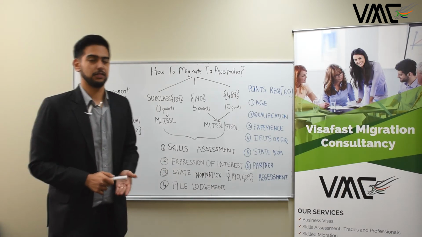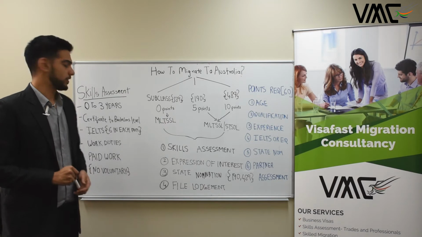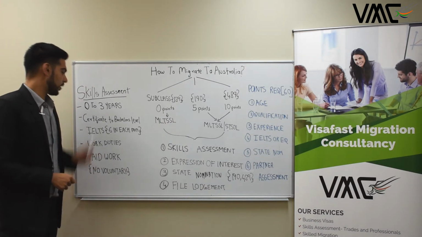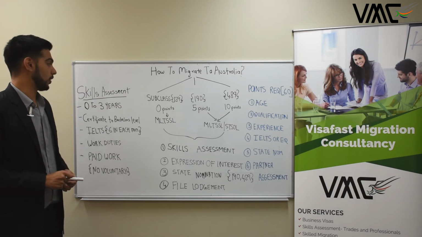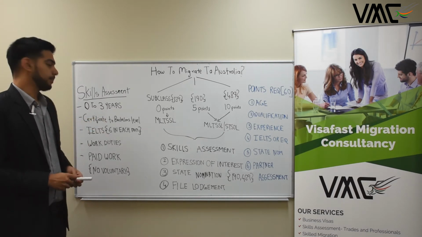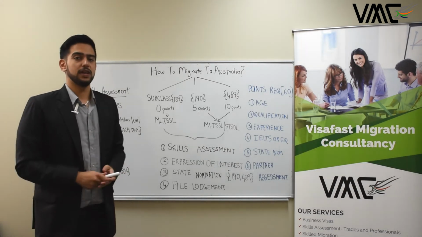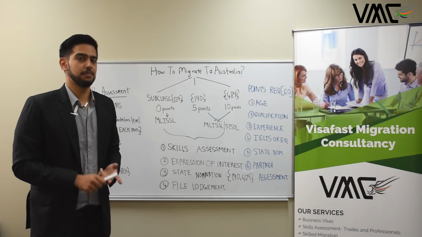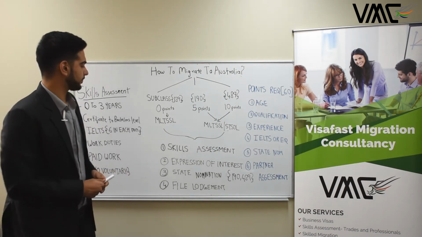So depending on the occupation, the work duties will also change. The work should be paid work, post-qualification, depending on the occupation you're nominating, as I mentioned, 0 to 3 years. The evidence you usually provide to show paid work is pay slips, bank statements, or tax returns.